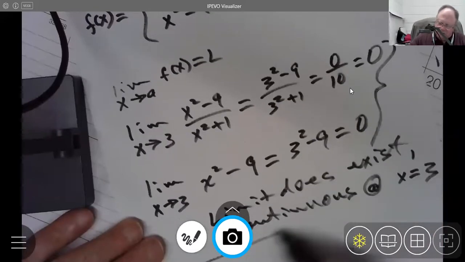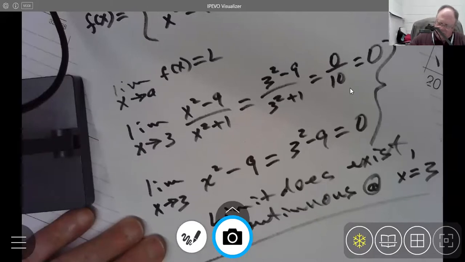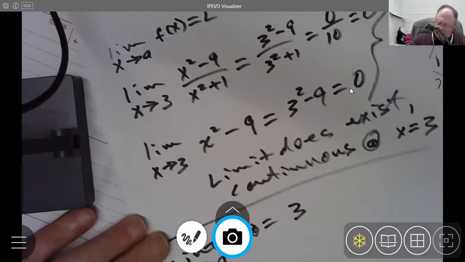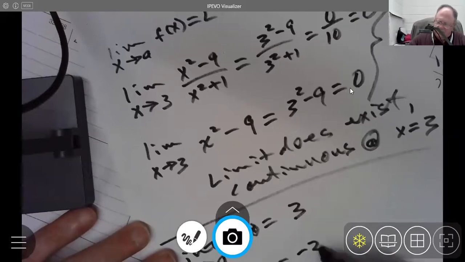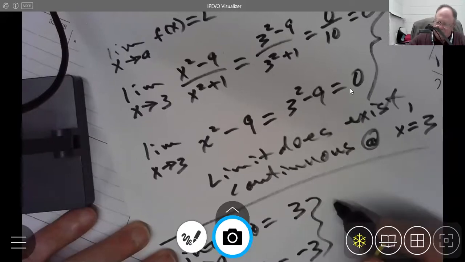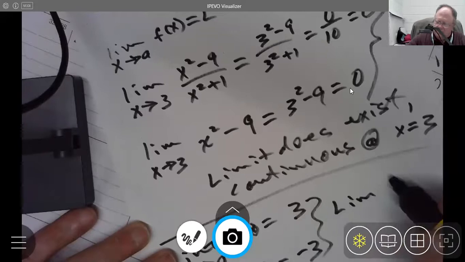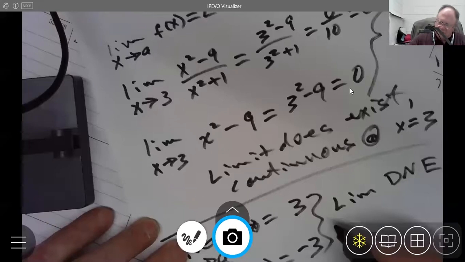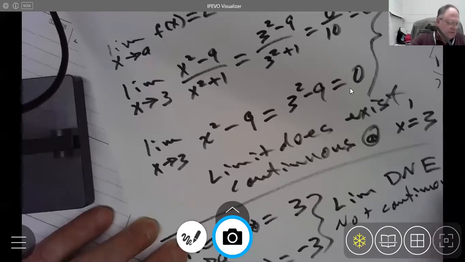So in other words, if you put in the limit as x approaches a for some f of x, and you get, let's say, 3, and you did another one, x approaches a for g of x, and that was, let's say, negative 3, then you would say that the limit does not exist and is not continuous on that interval, whatever the interval they give you.